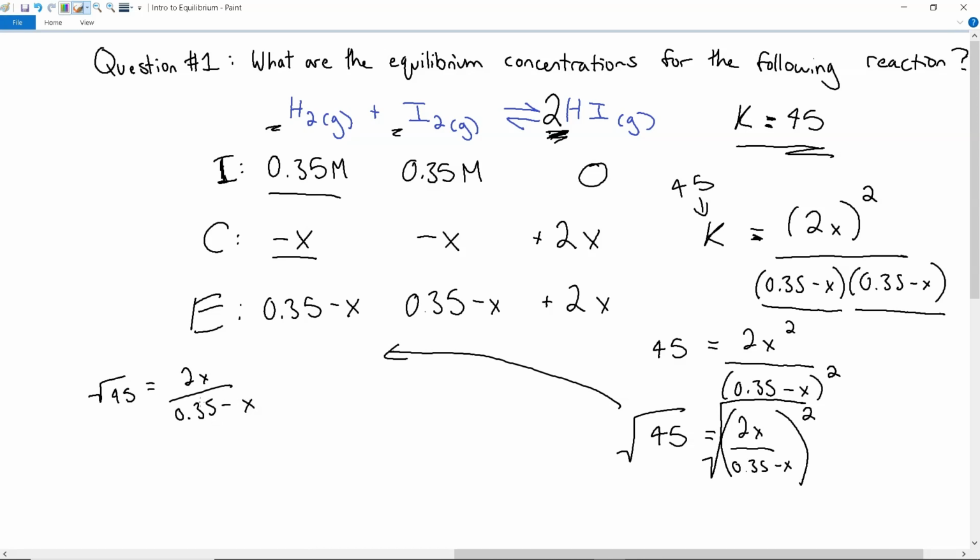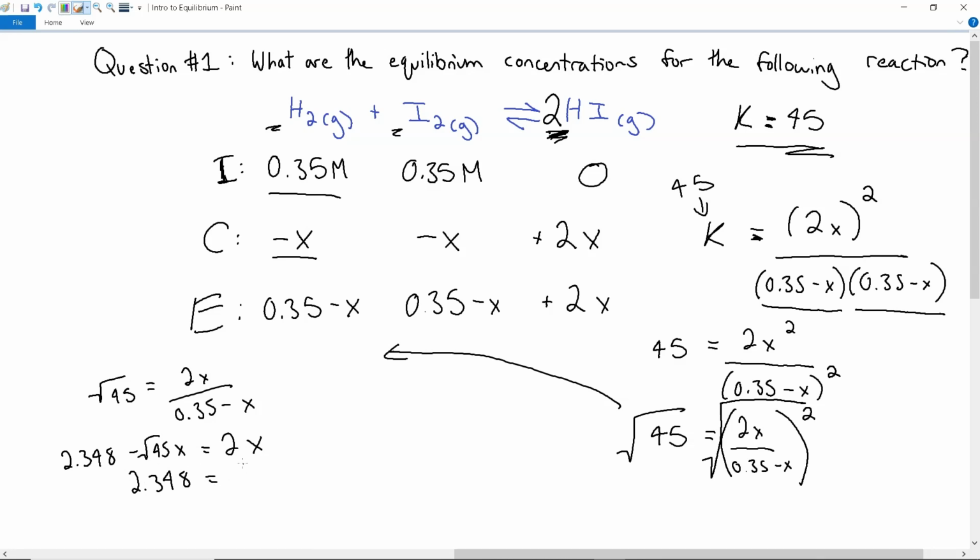Now I'm just going to quickly run through this to isolate for x. Really, this is just grade 10, grade 11 math review. So hopefully you're feeling okay on that. So we just need to isolate for x.